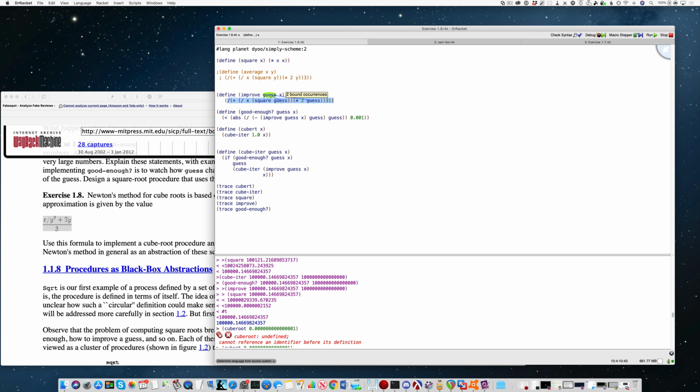But otherwise it's the same. And then I changed the names to cube root and cube iter. That's pretty much all I did.